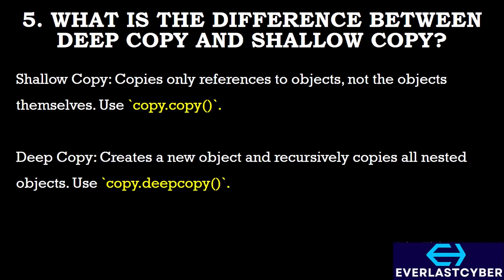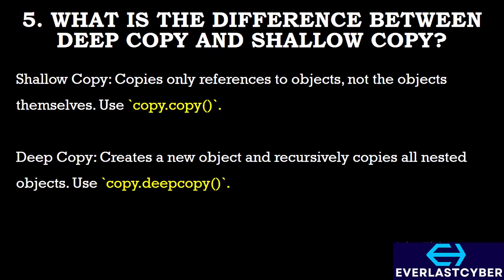Question 5. What is the difference between deep copy and shallow copy? A shallow copy copies only references to objects but not the objects themselves, while a deep copy creates a new object and recursively copies all nested objects.